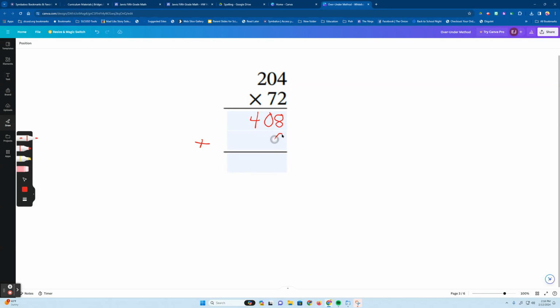Plus, now I need to think of this as 70 times 204. So I need to put a 0 in the ones place. 70 times 4 is 280. I'm thinking we had a 7 times 4. That's always how I was taught. Not really a good understanding of it. 7 times 0 is 0 plus 2 is 2. 7 times 2 is 14.